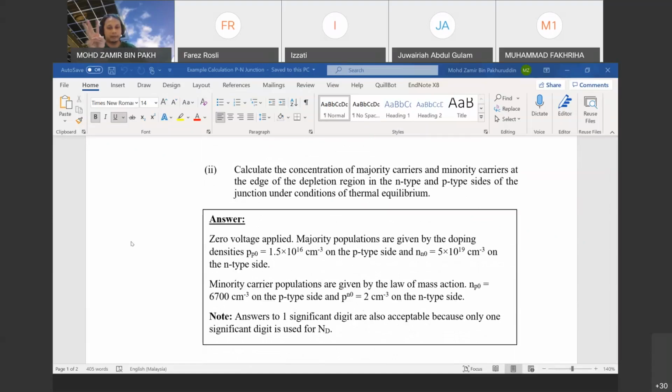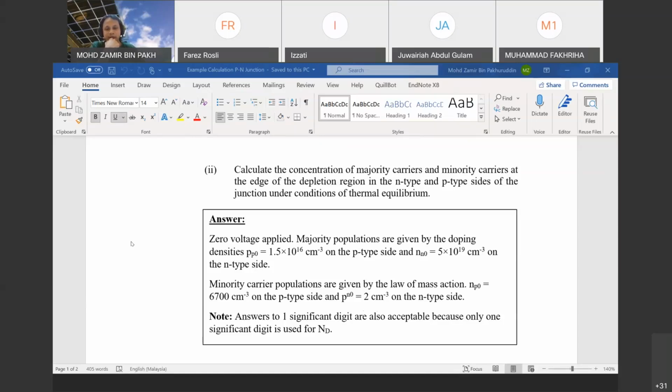Remember the three things there: Pp naught, density of holes in p-type at thermal equilibrium, or Nn naught. So therefore, Pp naught is Na, 1.5 times 10 to the 16 per centimeter cube on the p side. And Nn naught is equal to Nd, 5 times 10 to the 19 per centimeter cube on the N side.